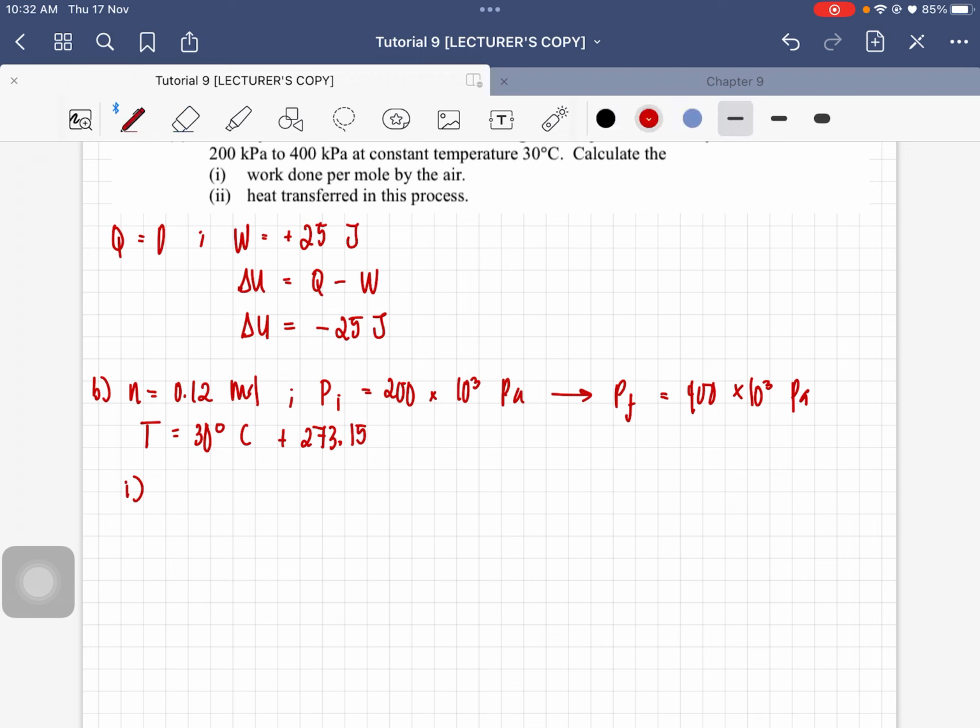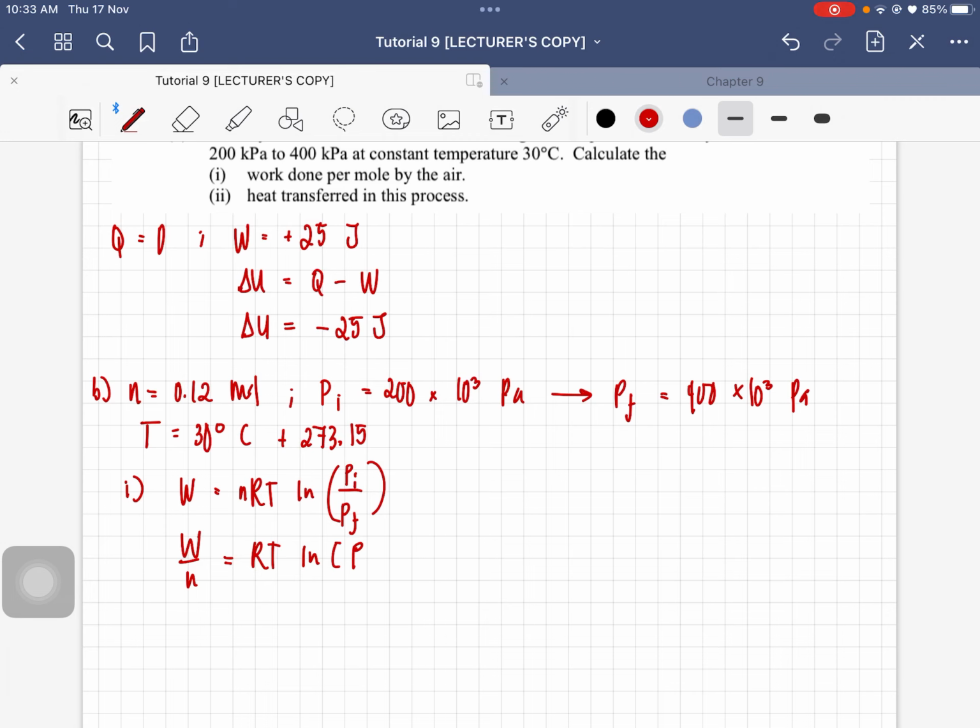Okay, so firstly, this is an isothermal process, and we know that the work done formula is equal to this. Okay, so the question asks us to determine work done per mole, so W over n. So we are left with this lah.